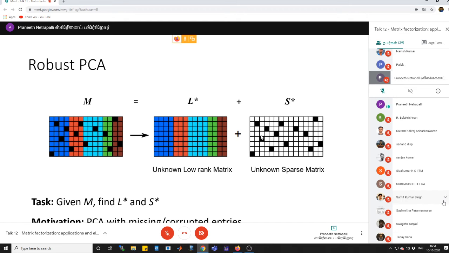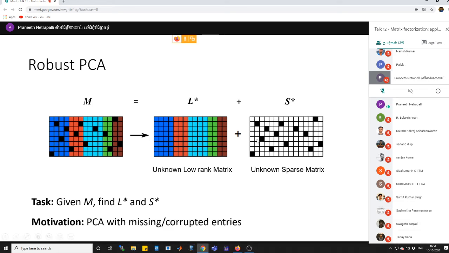And the total number of corruptions is maybe bounded, or maybe they are just missing. Some of the entries are just missing, right? That again you can formulate as subtracting those elements, and those elements are sparse, meaning that you're only missing a few entries. So in that case, given this matrix, you want to decompose it into this sum of low rank and a sparse matrix.